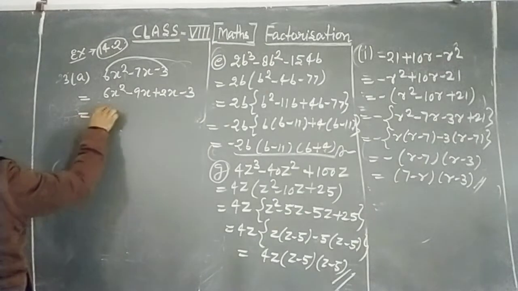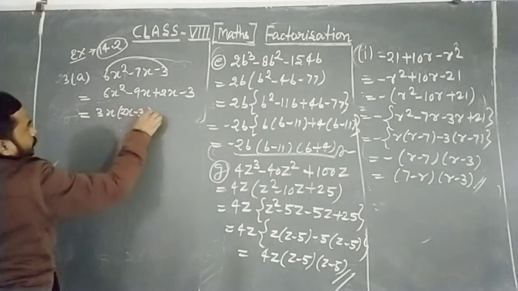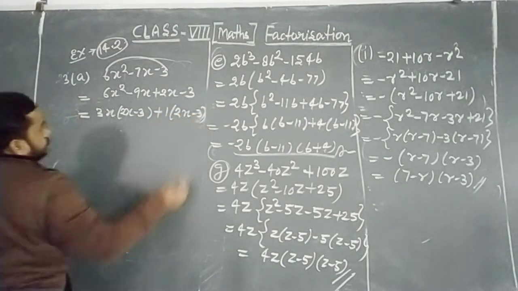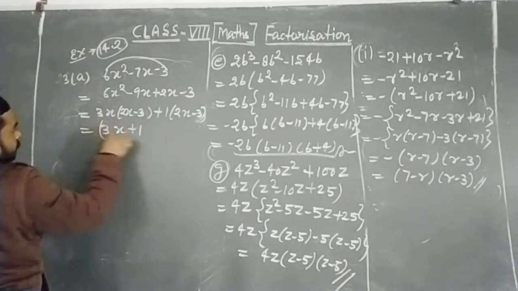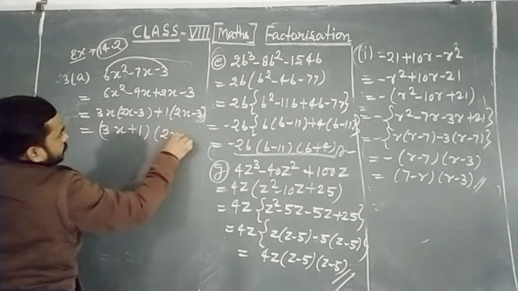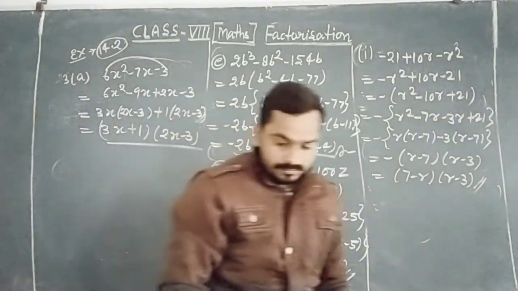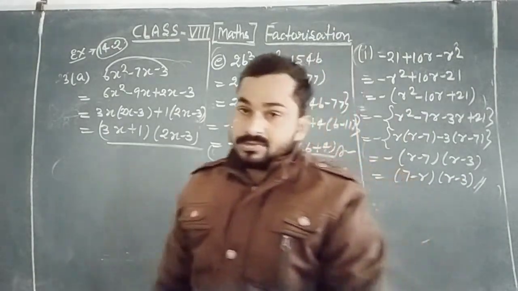Take common 3x, 2x minus 3, and plus 1 is common, 2x minus 3. So factors are 3x plus 1 and 2x minus 3. Option 1 is correct.